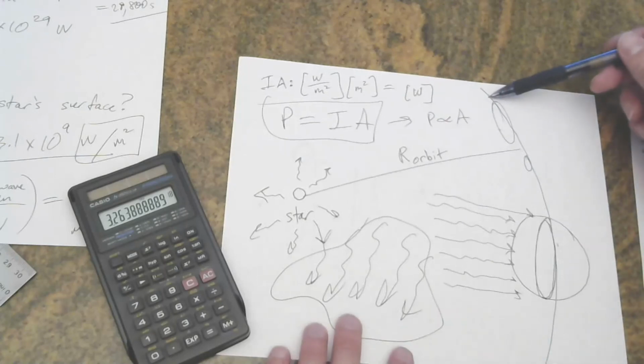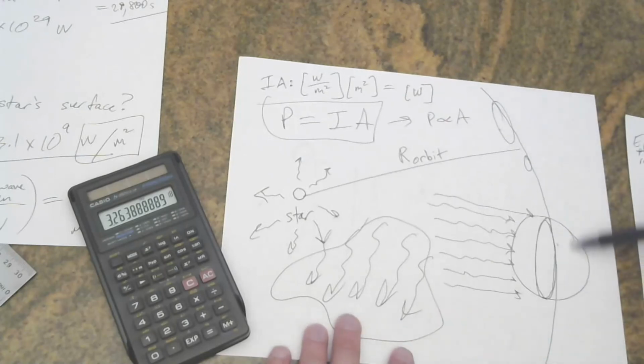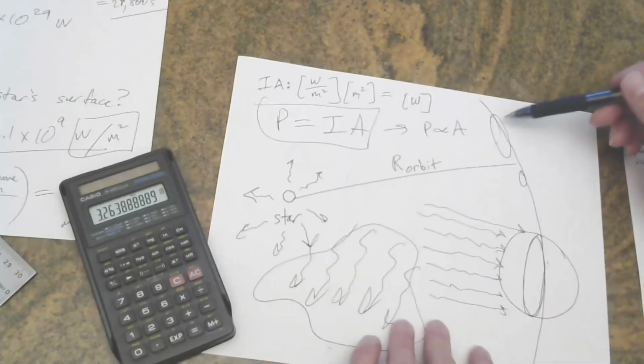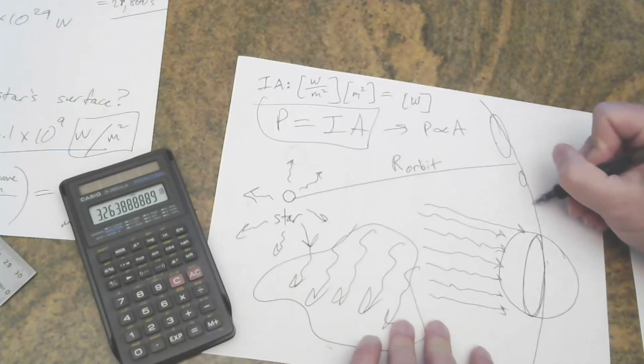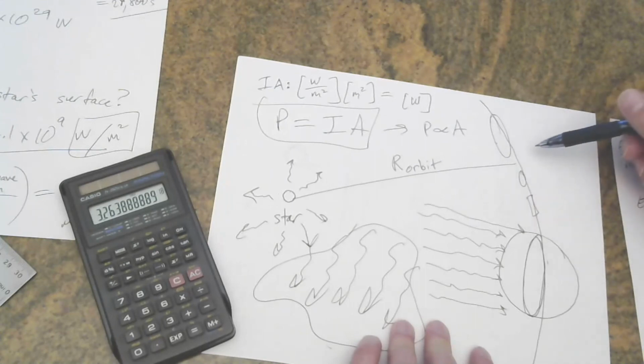Since the intensity is the same everywhere along this sphere, then if you were interested in calculating the power passing through any one of these areas that I just drew, you would just take the intensity and multiply it by that area. The bigger the area, the more power is passing through it.